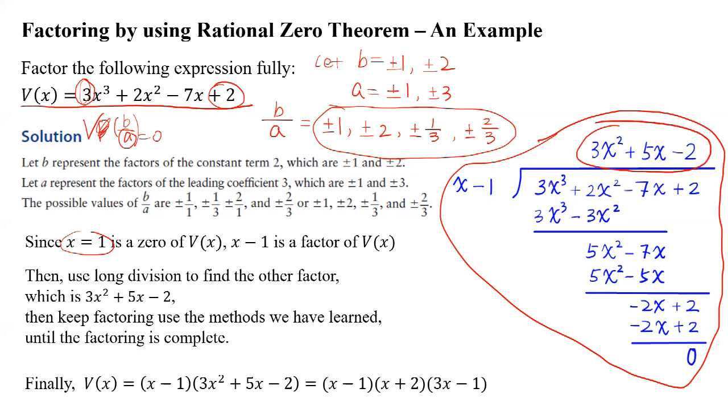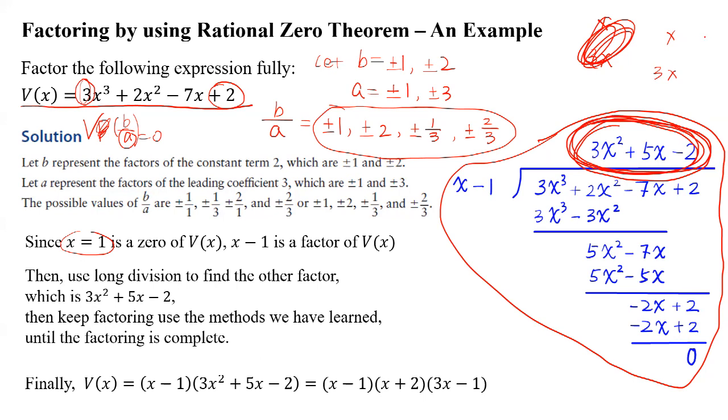Okay, so the original polynomial divided by x minus 1. Using the long division, we find the other factor is 3x squared plus 5x minus 2, which can be factored using the trial and error method, right? So 3x squared can be factored into x and 3x.